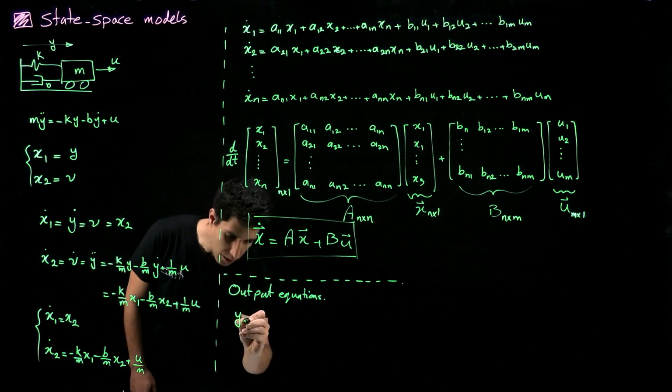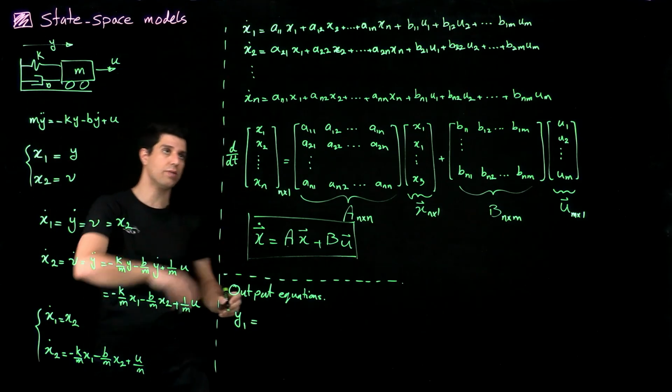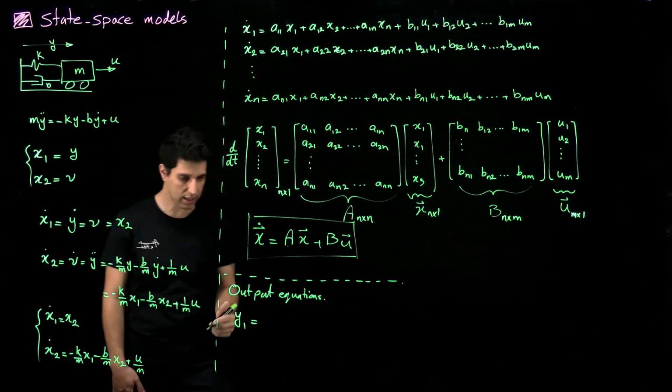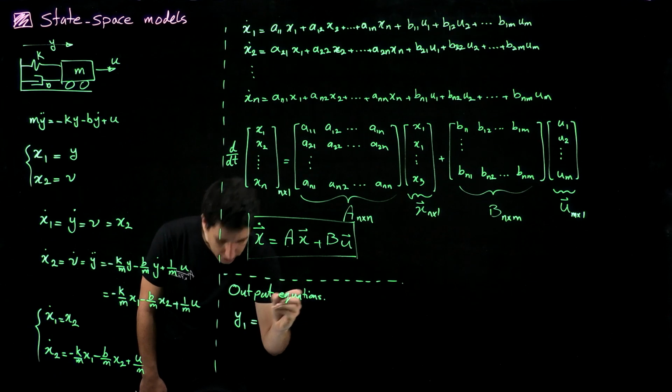So I can have y1 equal, again, a linear combination of the states, same form as that.